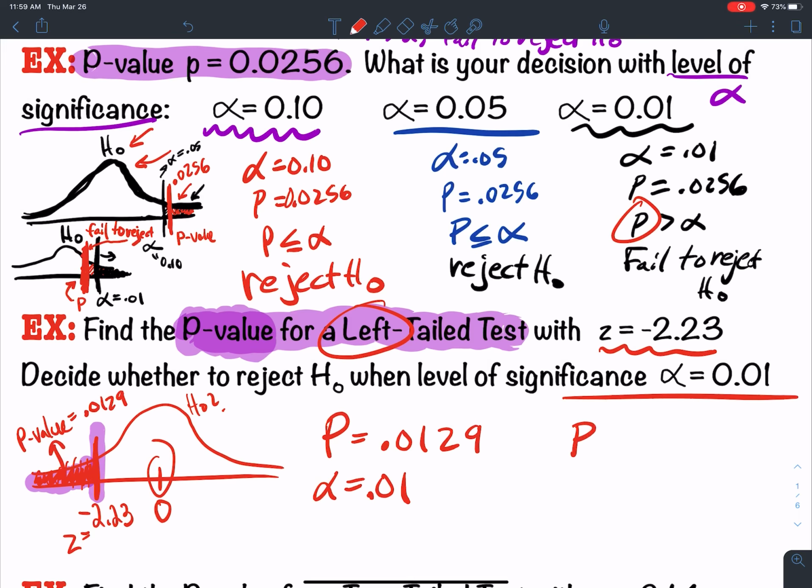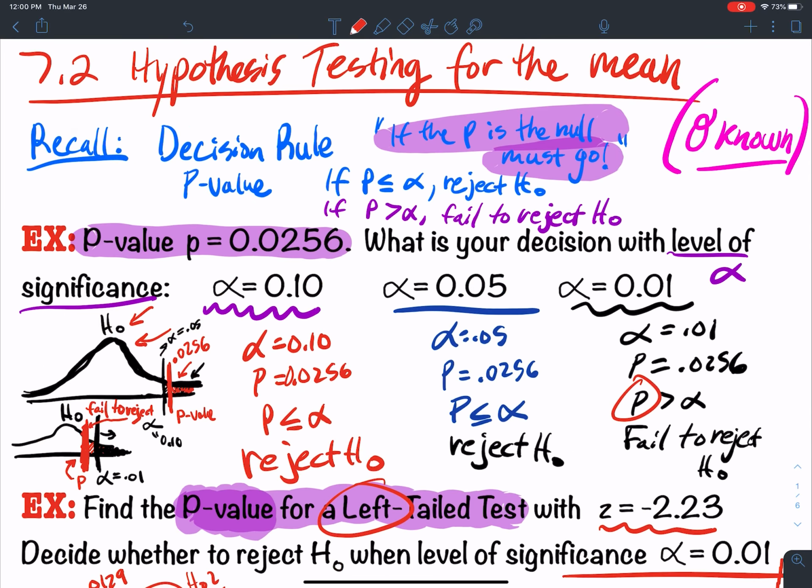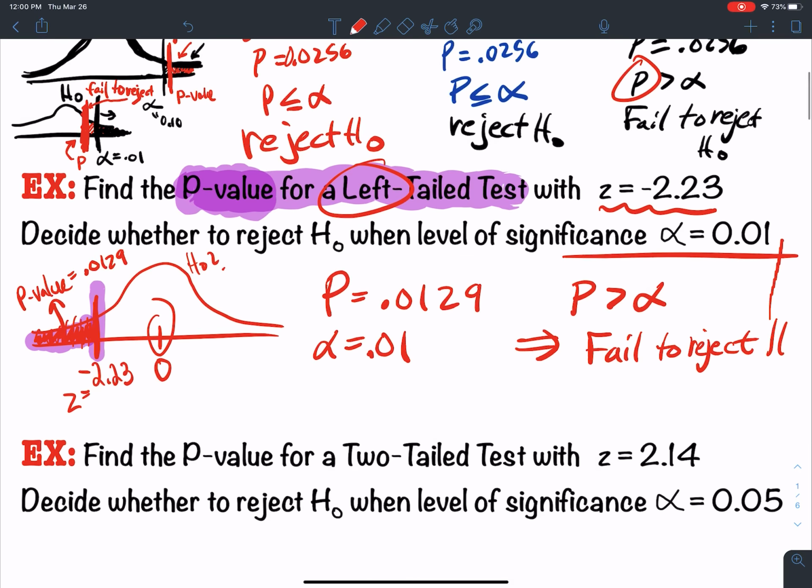That tells me that my P is larger than alpha. With a big P, what do I do? I fail to reject. You only reject a little p, all right? So big P, fail to reject the null hypothesis, H0, okay? All right.